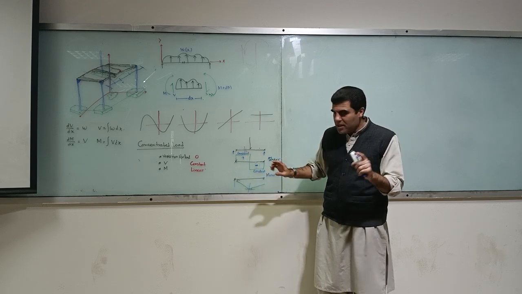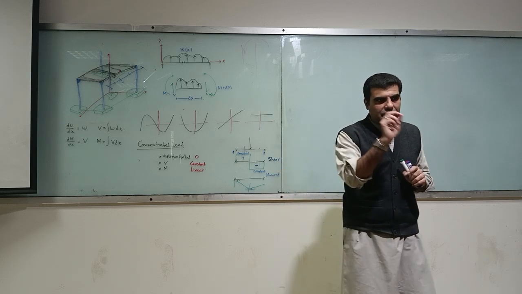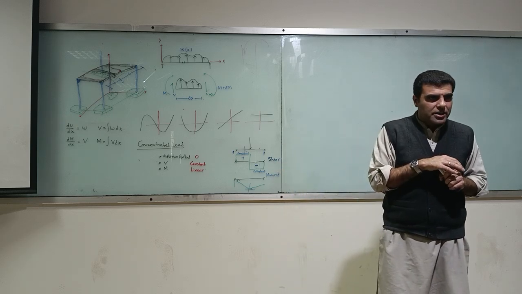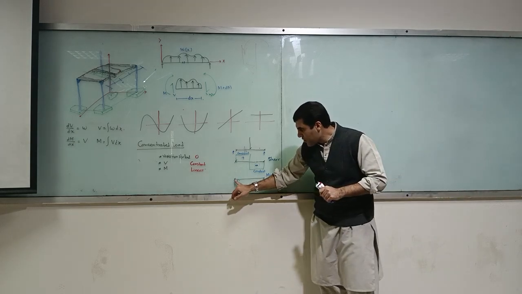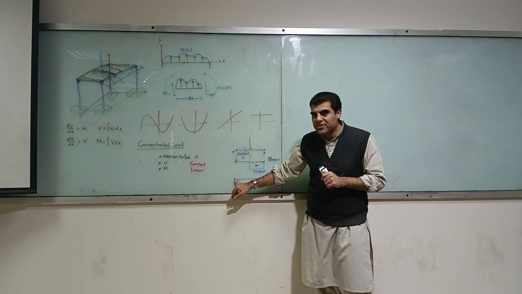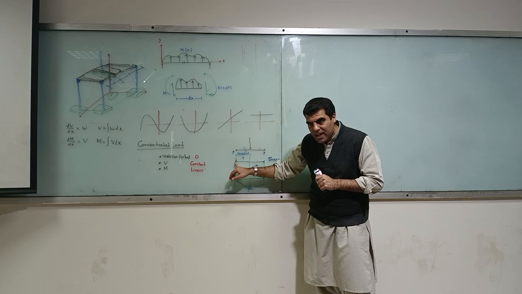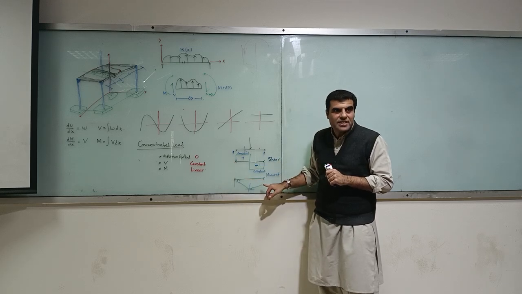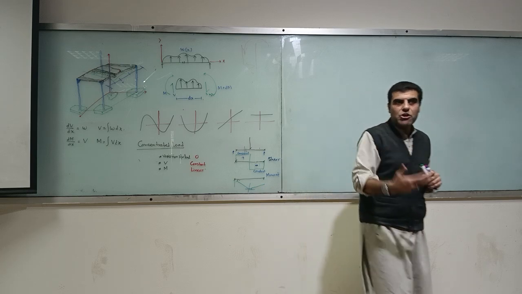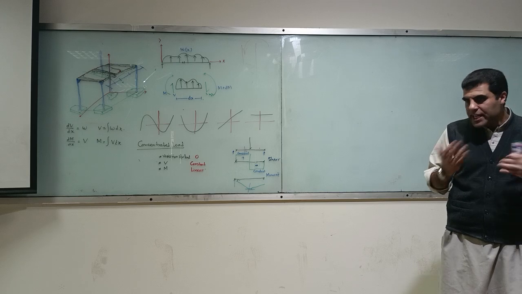That is it doesn't give us deflection. It tells us whether our structure is in equilibrium or not. And how do we find that? If this gap is not getting closed, that means that structure is not in equilibrium. So if your shear diagram or your moment diagram, they are not getting closed at the end, that means there is something wrong, and your structure, your reactions and the applied load, they are not agreeing with each other.